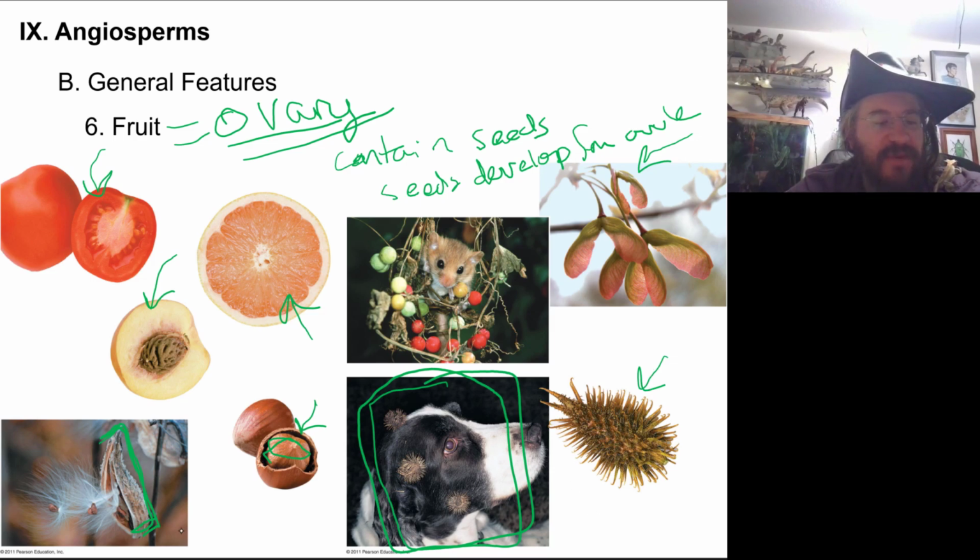Some fruits have adaptations to protect the seeds until the seeds are developed, at which point they split open. A lot of fruits have adaptations to travel through the digestive tract. And then here are some fruits that are directly adapted to wind transfer.